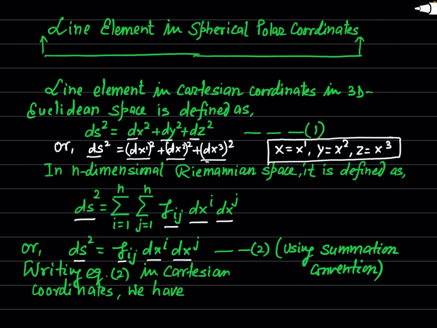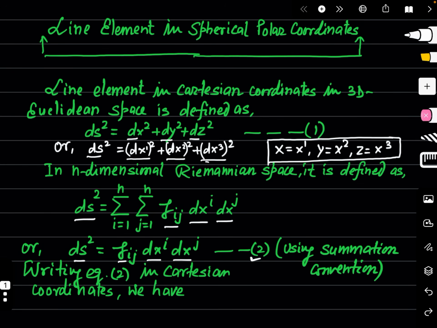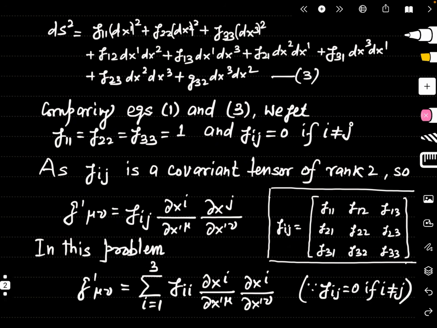Now, if you want to write this equation particularly in the Cartesian coordinate system, that is in three-dimensional Euclidean space, then you can easily see what this equation will be.